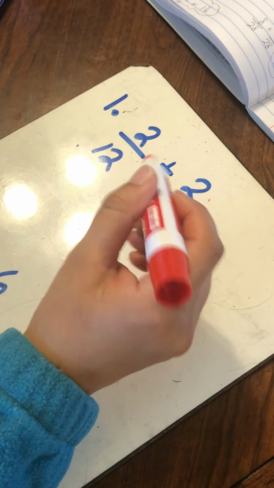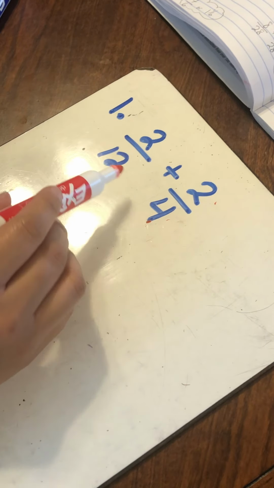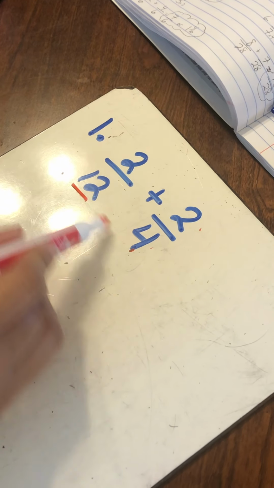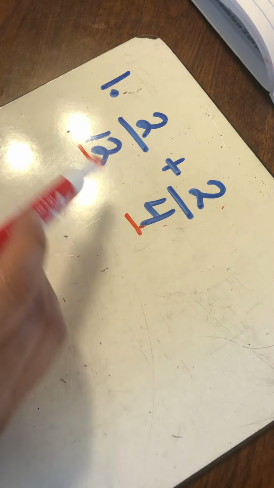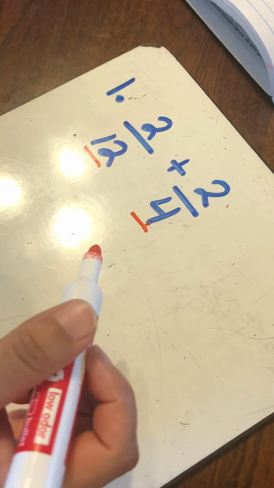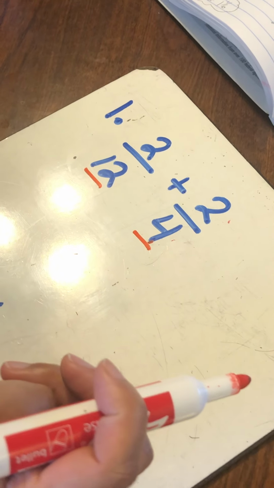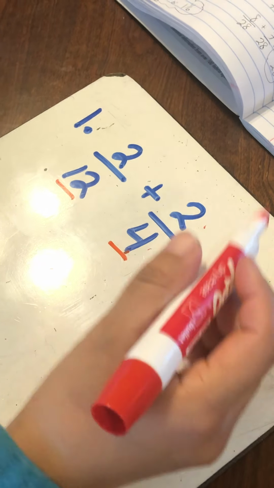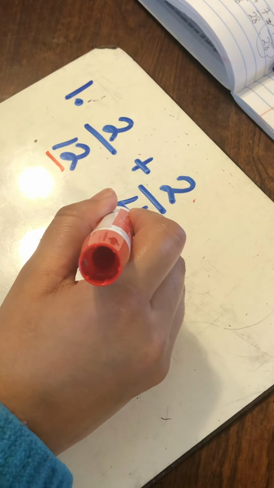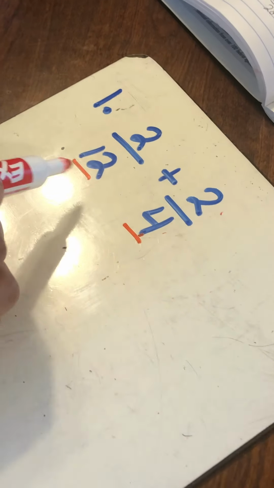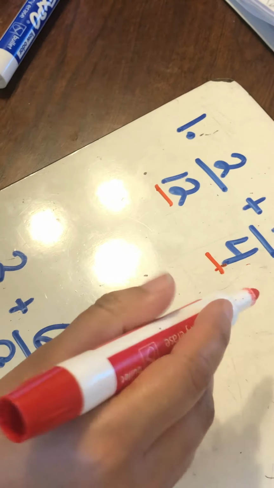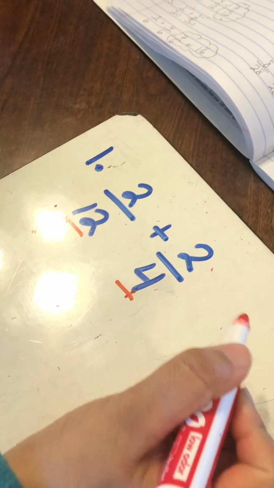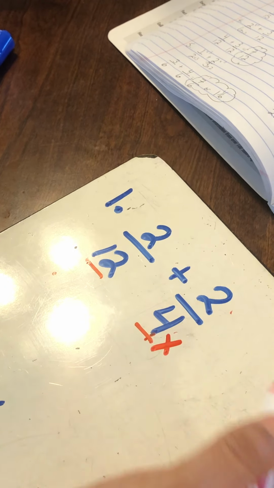When we add fractions, we have to remember that we can only add fractions when they have the same denominators. Now these have different denominators. So what we have to do is change the denominators so that they are the same. Because one denominator is 12 and the other one is 4, I know that I can make this 4 into a 12 by multiplying it by a number.